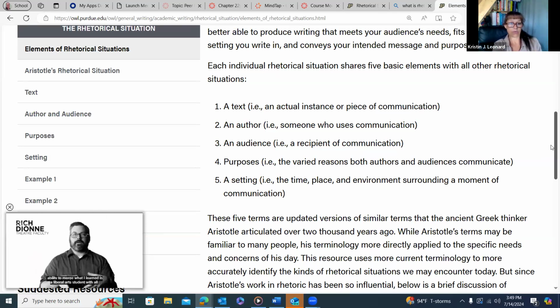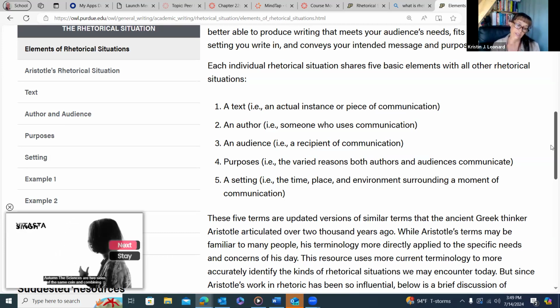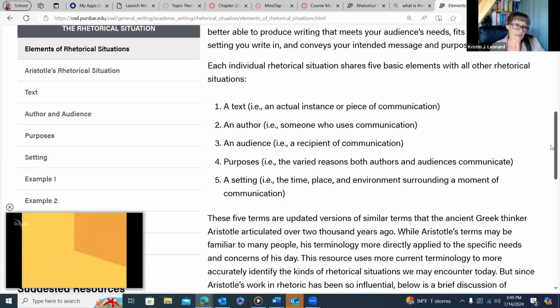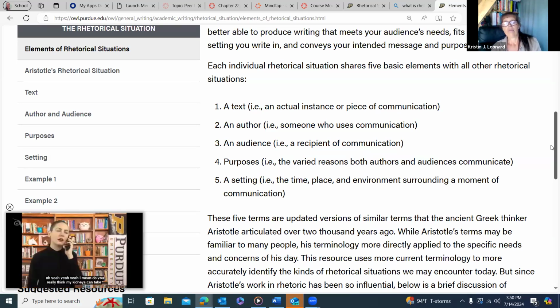Audience is number 3, and that would be you watching the video. You are the recipient. You are hearing my communication, or you are reading the textbook or the web page. Maybe you're reading a text from your friend, or maybe you're writing a reply to your advisor or to somebody else that emailed you. Number 4, we have purpose.